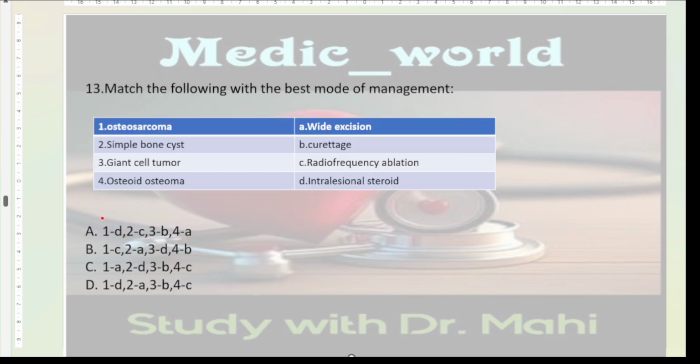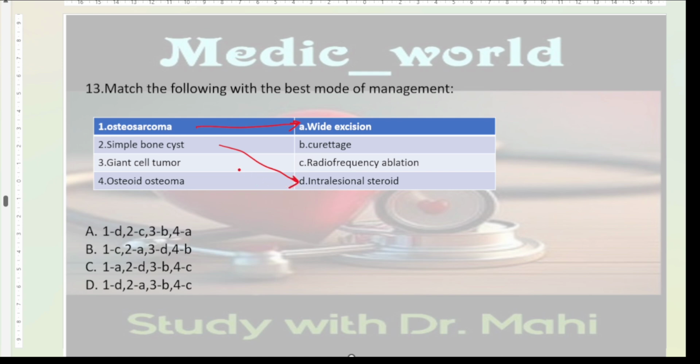Now, the next question, match the following with the best mode of management. Osteosarcoma is managed with wide excision. So, 1A. Simple bone cyst is managed by intralesional steroids. 2D.